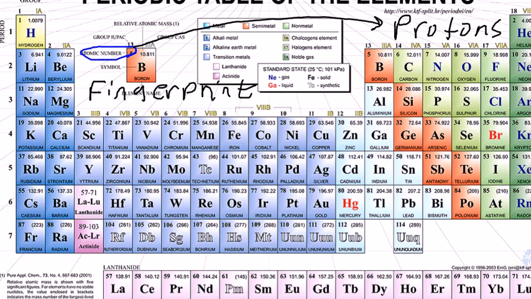So, for example, hydrogen has an atomic number of 1. That means it has 1 proton in the nucleus, and of course protons have a positive charge. So in nature I would expect that hydrogen to have 1 electron in a cloud somewhere around the nucleus.